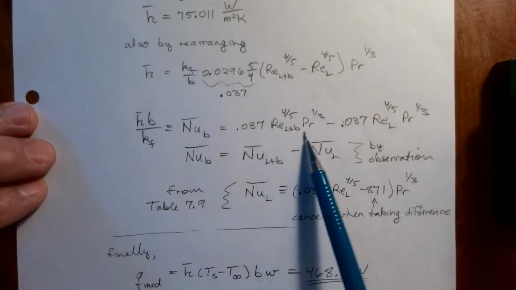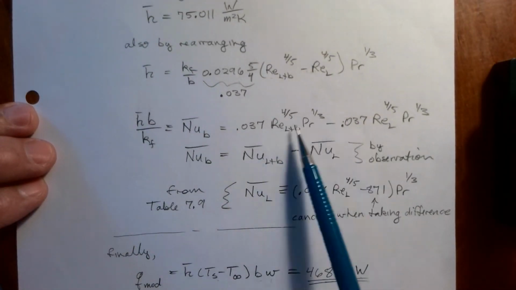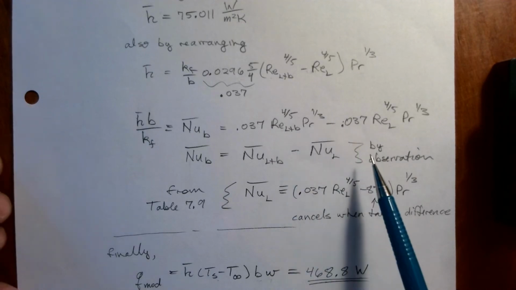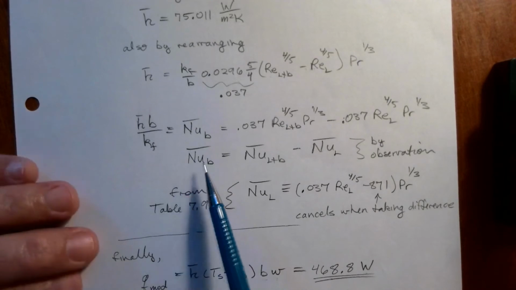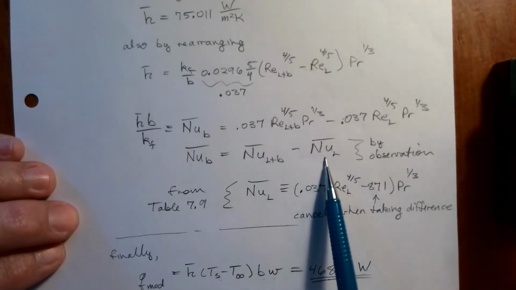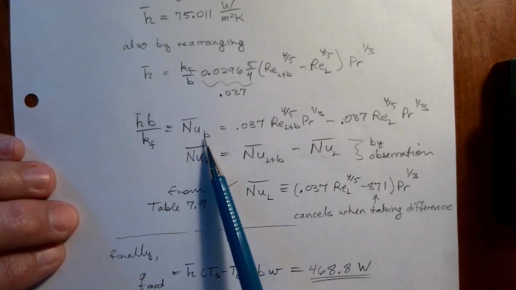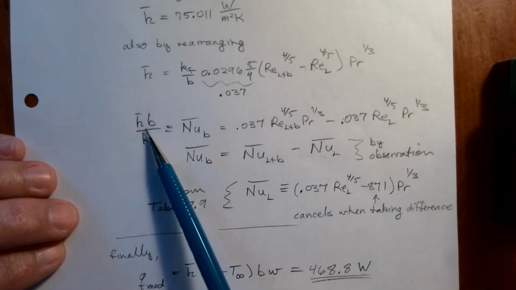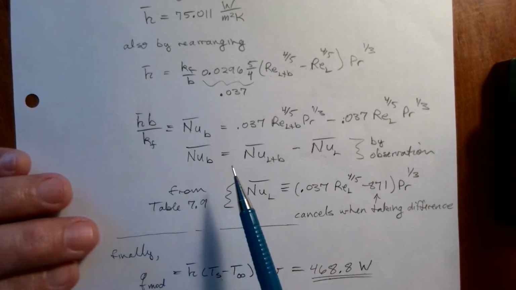That is the correlation. And since we're taking a difference between these two, the 871 is going to cancel anyway. So you could actually get the Nusselt number at L plus B, the average, minus that at L, and then back-calculate to solve for h bar. So that's an equivalent way to do it.